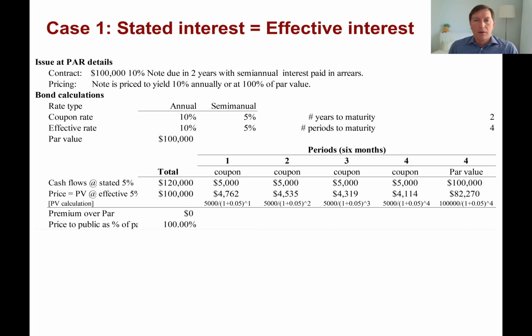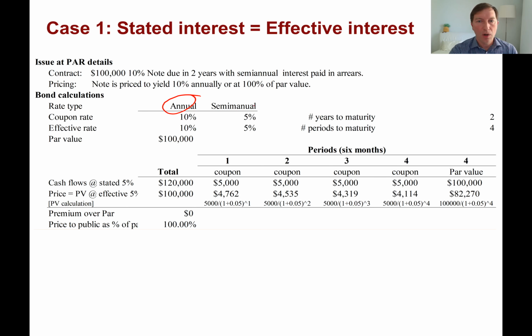And let's see how valuation works more specifically, right? So we have here annual quantities, which is 10%, and then we need to calculate semi-annual quantities because cash payments happen semi-annually, and for this reason we need to adjust the discount rate to be also semi-annual.